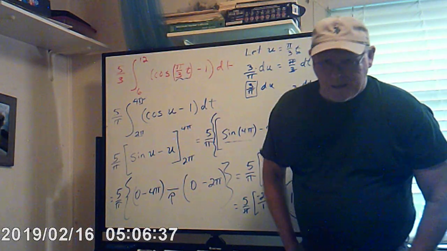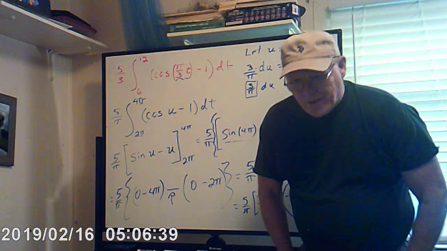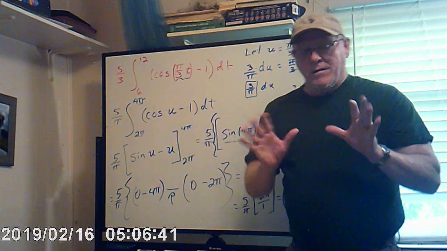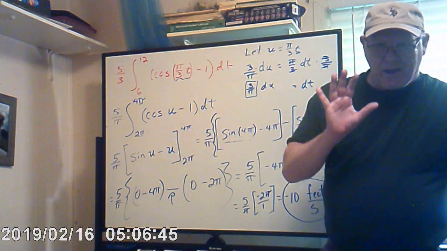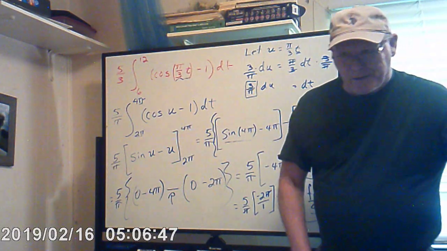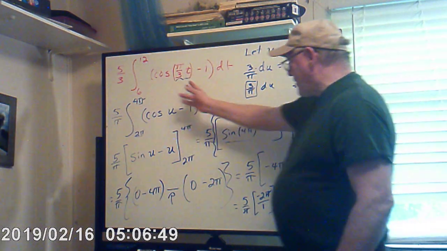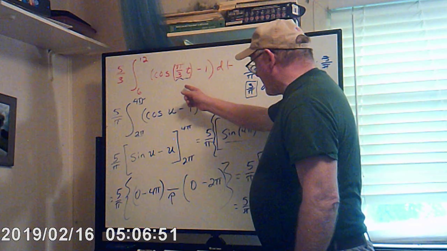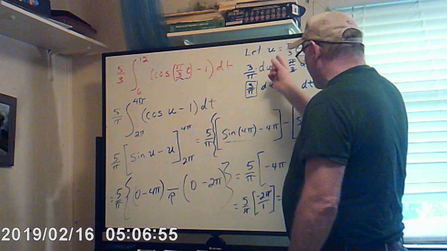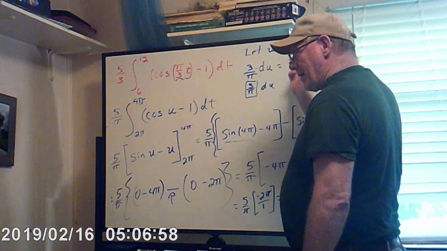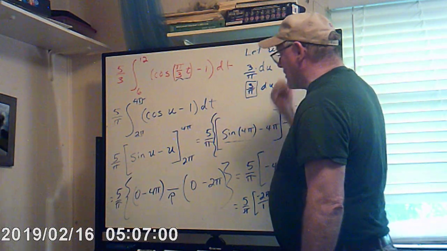I think the biggest thing, you're going to have to practice this so that you'll understand what you're doing. If this had been something like 2t plus 1, you would have plugged 12 and 6 into 2t plus 1. Or 2t minus 1, or whatever.